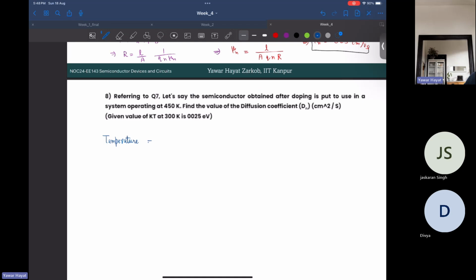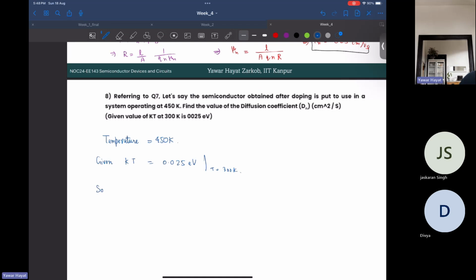See, your temperature is 450 Kelvin, given kT is 0.025 electron volt at T equal to 300 Kelvin.